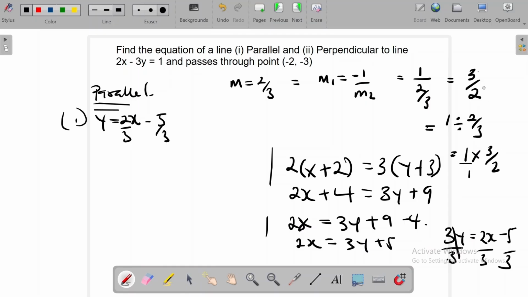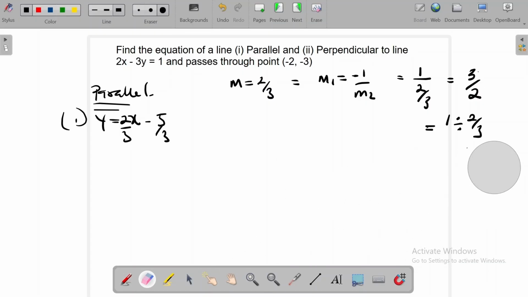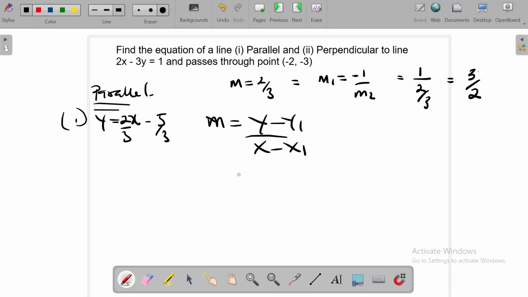If you multiply, you end up getting 3 over 2. So if they are perpendicular, you still use the same formula you used initially, but instead of m is equal to y minus y1 over x minus x1, this now becomes 3 over 2. Remember, initially we used 2 over 3, but it becomes 3 over 2 because it is perpendicular. Before I forget, it is the negative inverse. So I need to put a negative sign here.